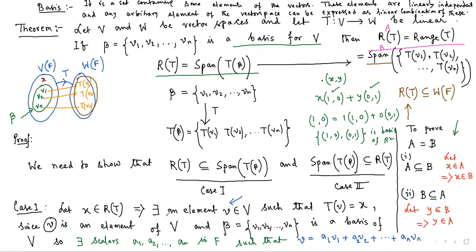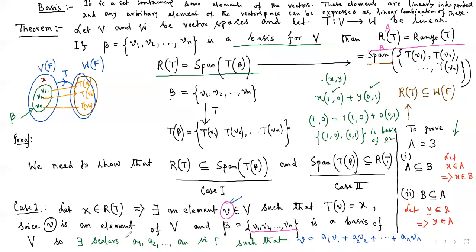Small v is any element of the vector space, so obviously v can also be expressed as a linear combination of these basis elements.